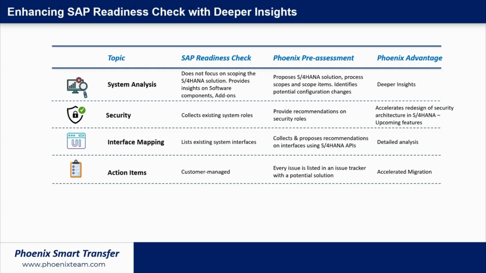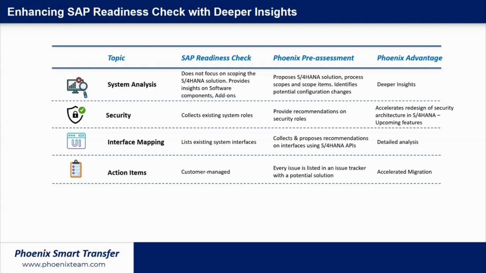Whereas the smart transfer tool is going to give you deeper insights in terms of the scope IDs that are needed for the customer in the process. It's not just going to collect the existing system roles, it's going to make a recommendation on the target security role that you would use against a given ECC role in the S4HANA world.